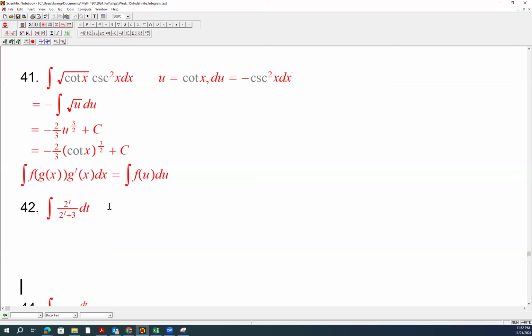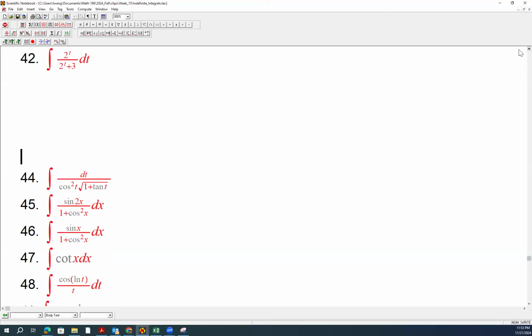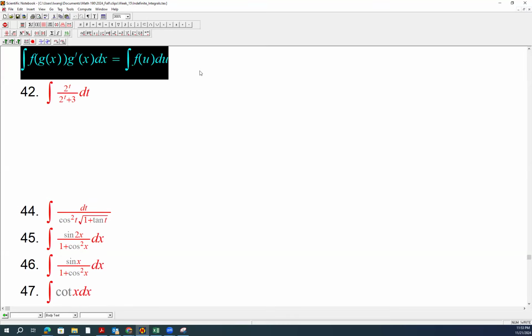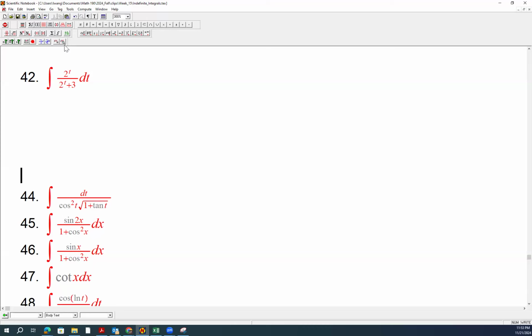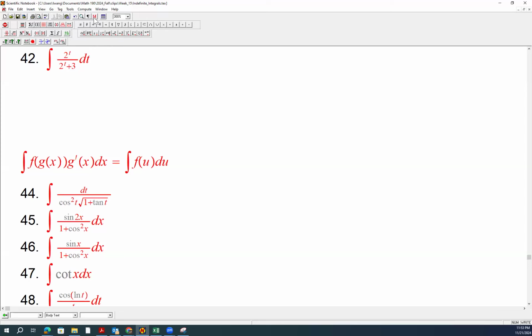42. Okay. I'm gonna bring this one down here. All right. The substitution is going to be obvious. It's going to be the entirety of the denominator. Okay. So du equals 2 to the power t ln 2 dt.